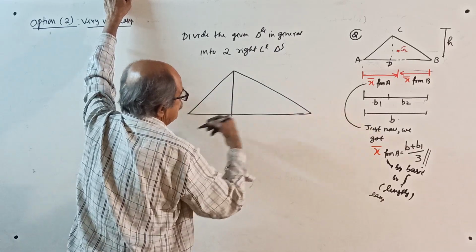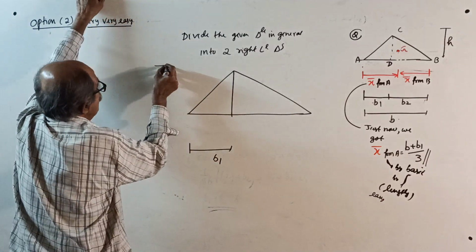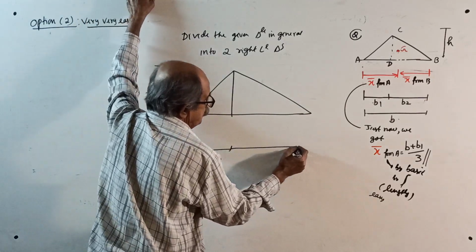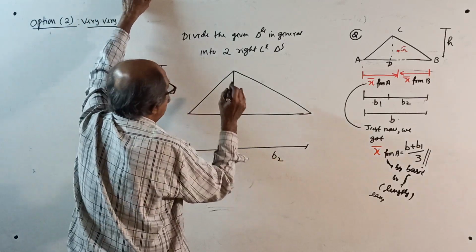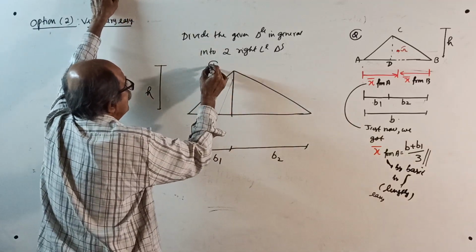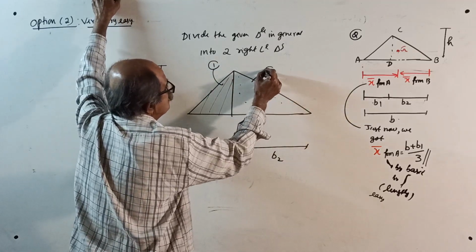This will become B1. This will become H. This will become B2. Now we will take this as figure number 1, this as figure number 2.